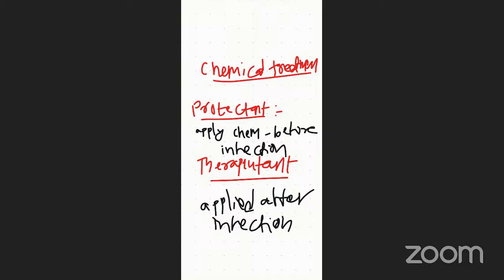And here diseases are of two types, systemic and non-systemic. The chemicals that act by entering into the system of the plant are known as systemic.